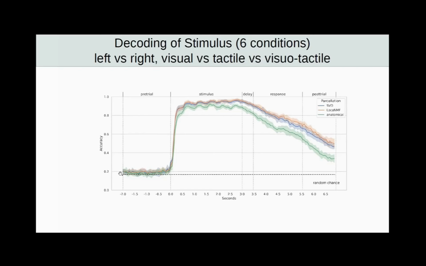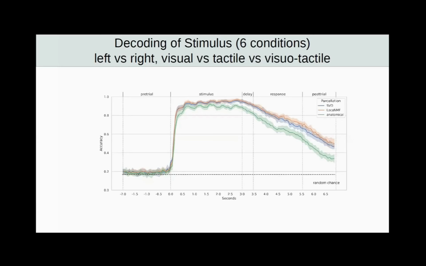And so what you can see is in the pre-trial period, we've got chance level here, and then as soon as the first stimuli are up, we've got close to 90% decoding accuracy. And this accuracy is slowly getting down during the response period and after, in the post-trial.